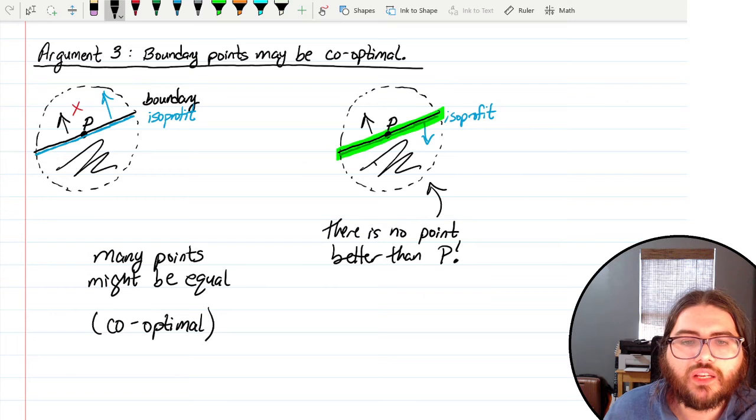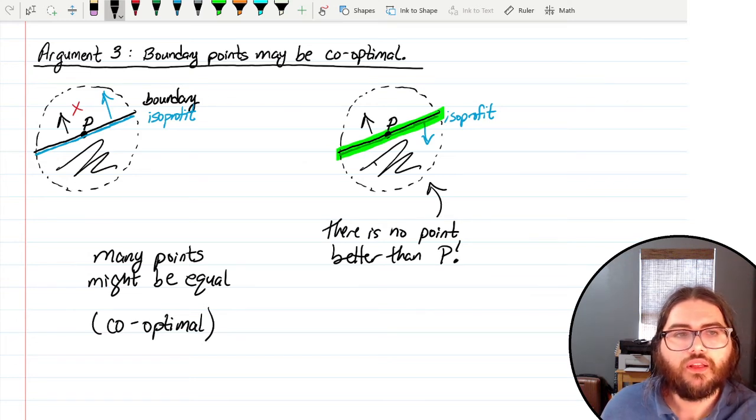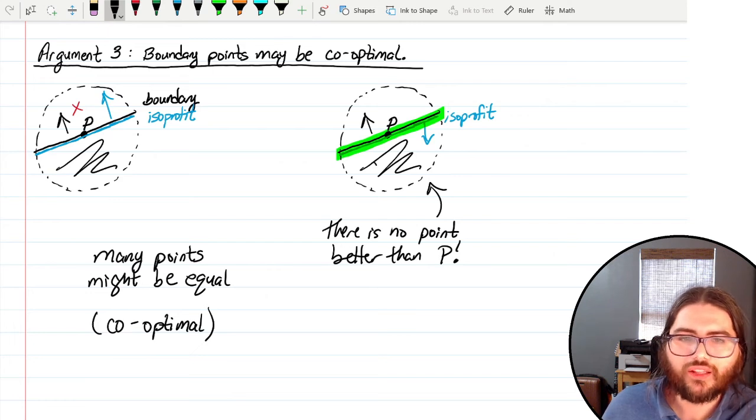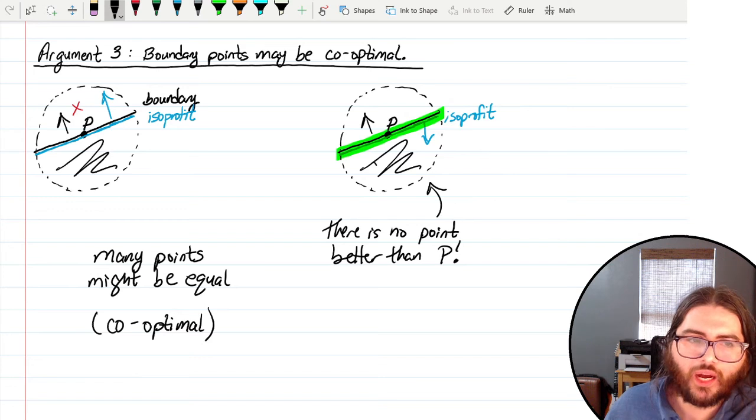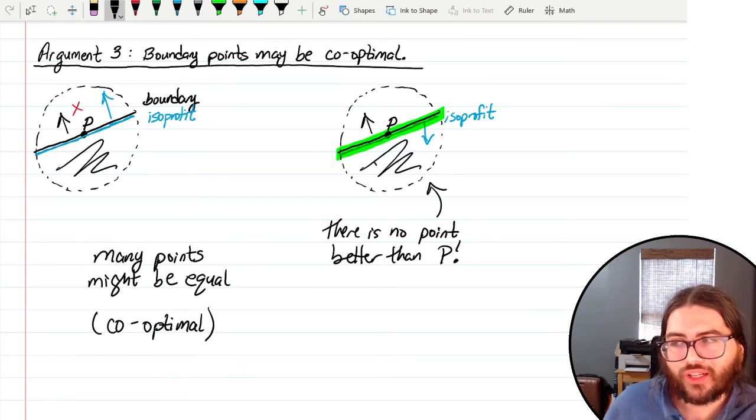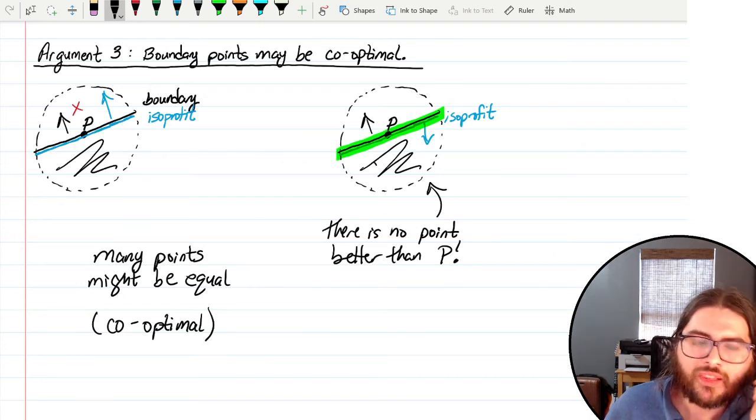All of them would be equally optimal. And that could be a scenario. And so that's what argument 3 is telling you. So the boundary points will never be uniquely optimal, but they might be co-optimal. And so that's going to be an important caveat we're going to have to deal with later. It might be co-optimal.